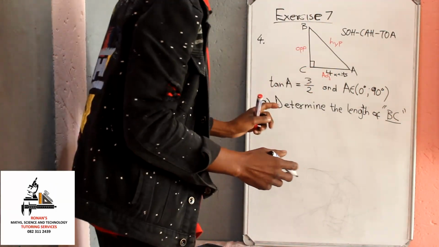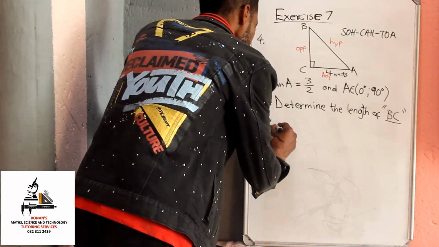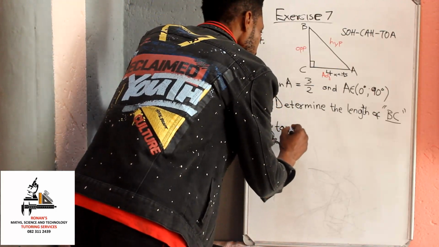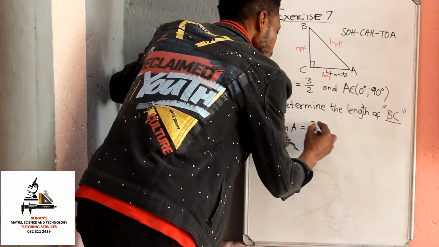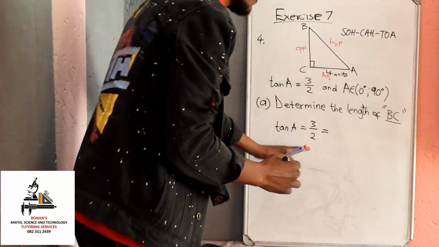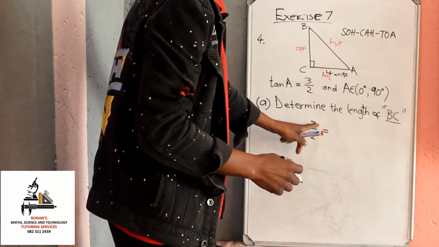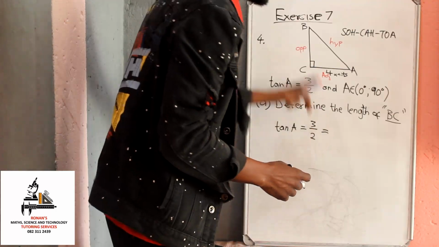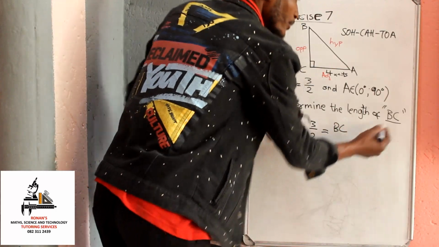Now, remember that the ratio for tan A is given as 3/2. But what is 3/2 in terms of our sides? It is the opposite side over the adjacent side. So the opposite side is actually BC. Beautiful.